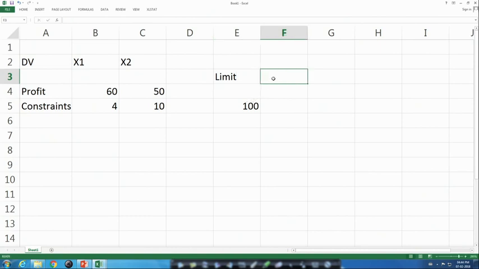Okay. So, we can put here the limit, and then we can put here the signal. The signal is the indication about the constraints. That means the constraints may be less than type, greater than type, or equality type.